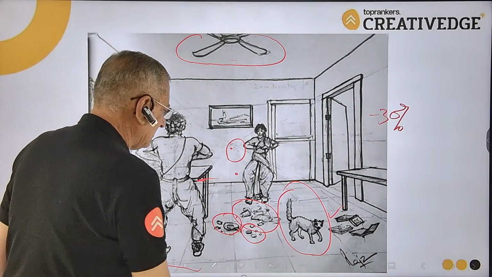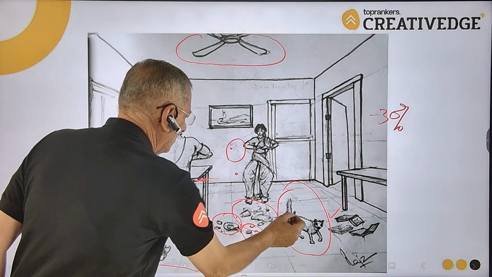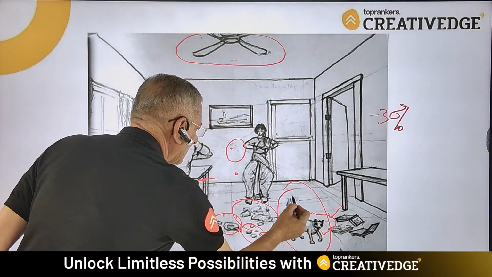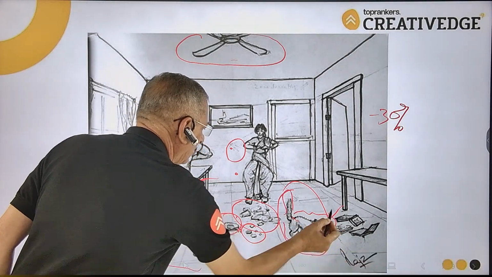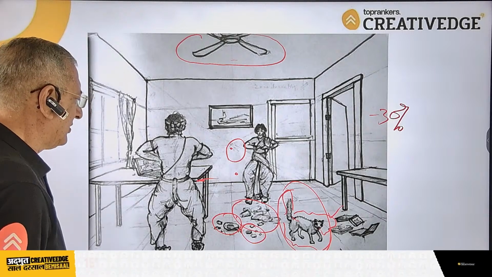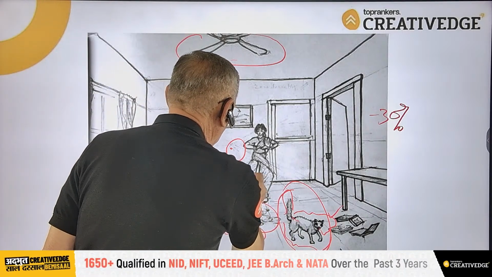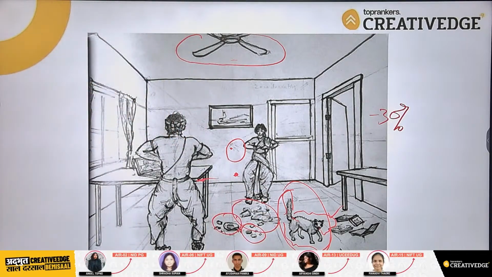I think Poco should have been a little bigger because it will be seen nearer, with the down below horizon and the vanishing point.